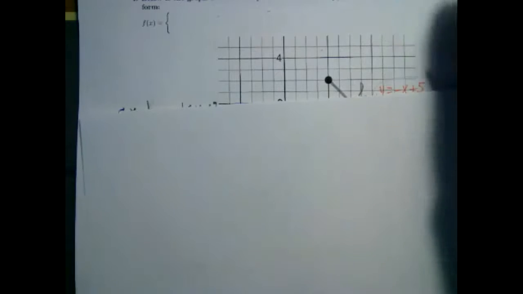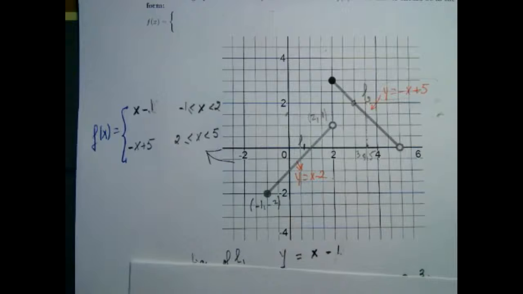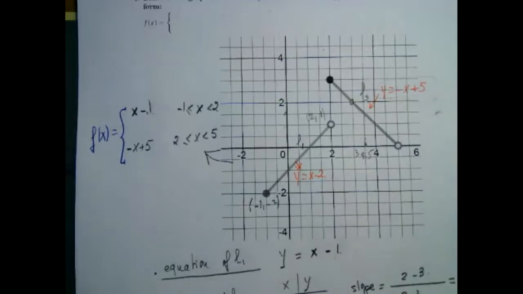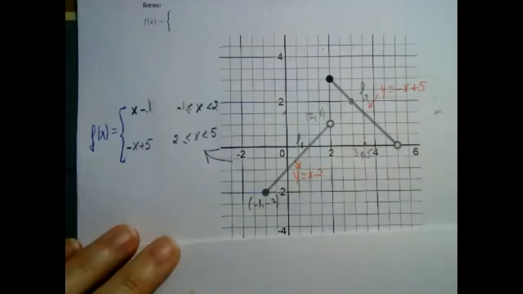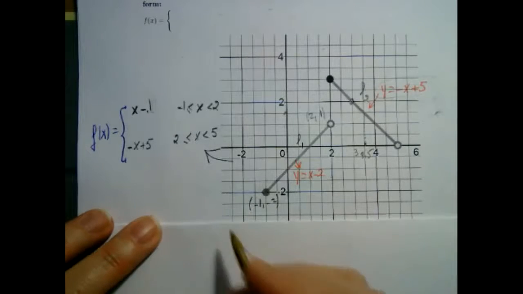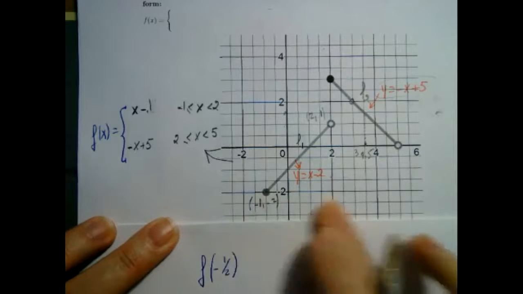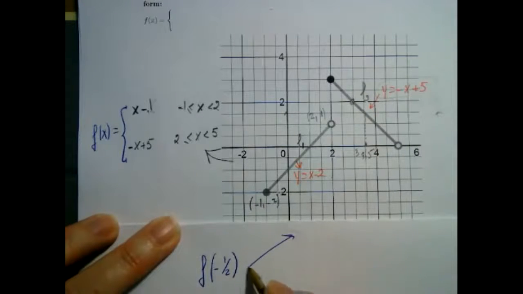Now that we write the formula, and now that you have the graph, you have the whole picture, I want you to evaluate f of minus 1, for example, or f of minus a half. I want you to evaluate f of minus a half in two ways.